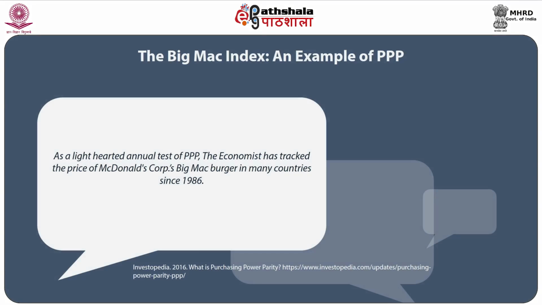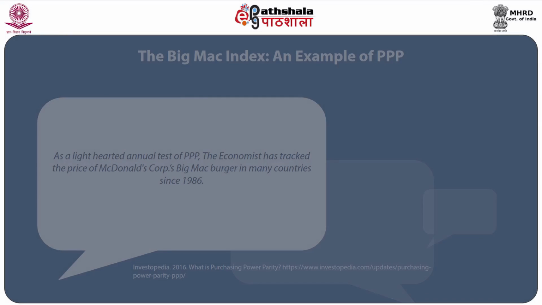The Big Mac Index is an example of PPP. As a light-hearted and annual test of PPP, The Economist has tracked the price of McDonald's Corporation's Big Mac burger in many countries since 1986, and it indicates the Big Mac Index has its flaws.